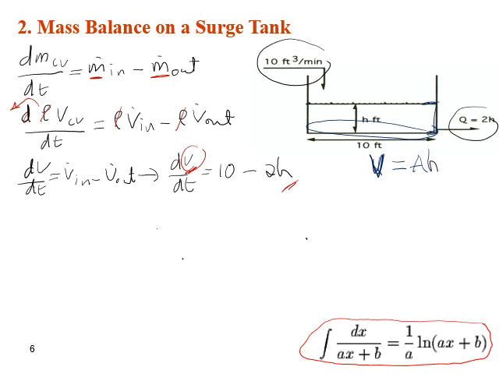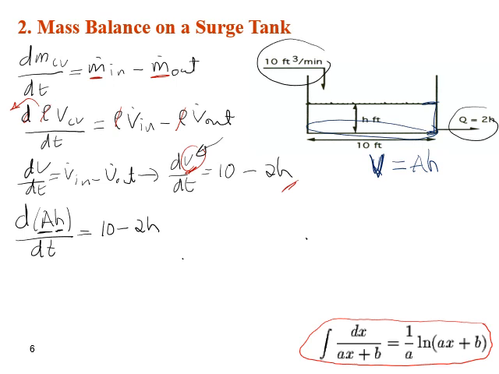This is the volume. So I can then write, instead of dV, d of A times h divided by dt equals 10 minus 2h. I just replace the volume with the area of the base, which is a circle, times the height.